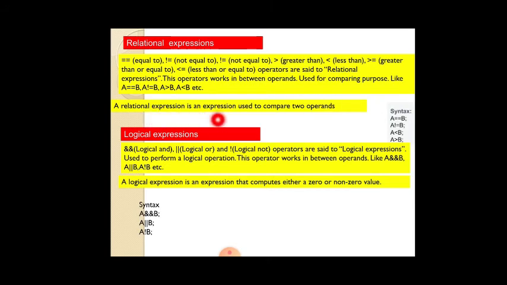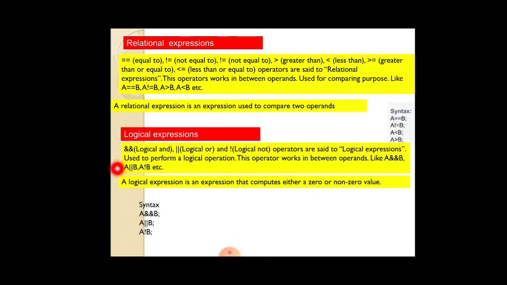A relational expression is an expression used to compare two operands. Suppose the values of a and b are given. We compare whether a is greater than b or a is lesser than b, and then we declare the result.